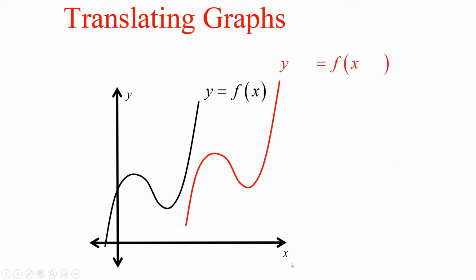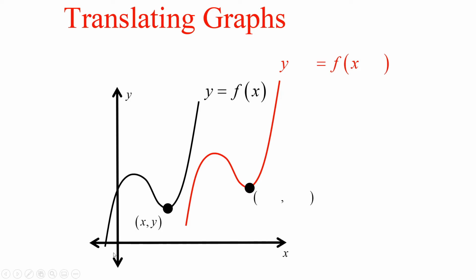All right, it's very simple. Let's pick a point that we can clearly see on the original function. We'll call that (x, y). All right. Now, what's the corresponding point on our red graph? It would be right there. Now, what happened? Well, we took our original graph in black and we translated it h units to the right.